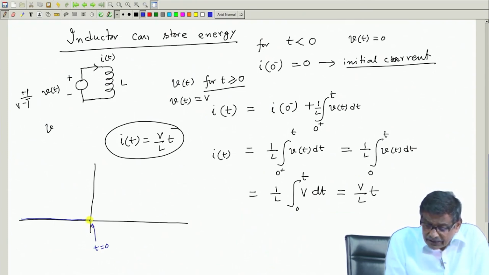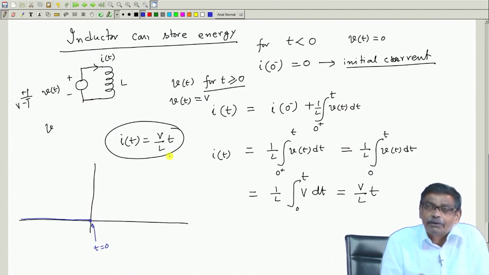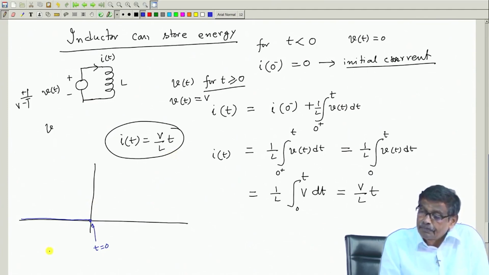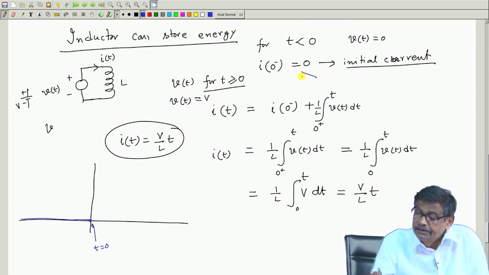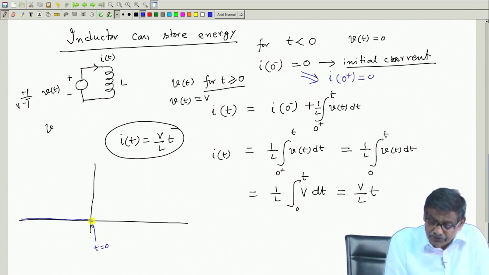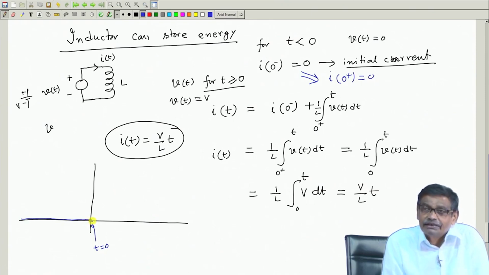So, what was the current at t equal to 0 minus? It was 0. What will be the current at t equal to 0 plus? Once again 0. It cannot start abruptly from some other value, okay? Which means, I(0-) being 0, I will immediately conclude I(0+) is 0. So, it has to start here. For me, it does not make any difference, 0 minus, 0 and 0, this is t equal to 0.